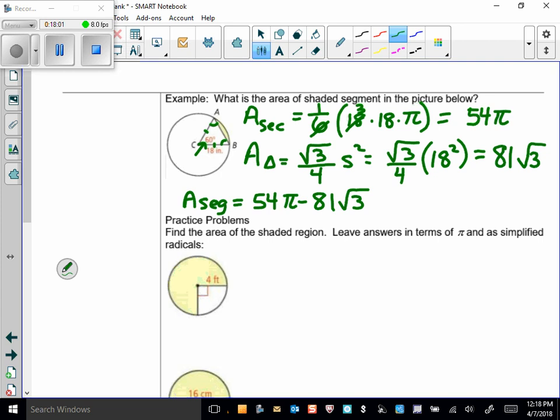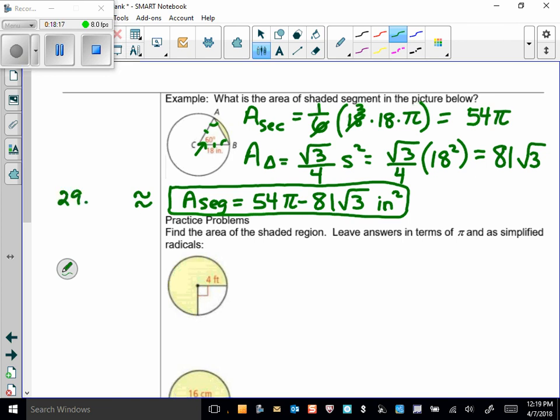And what do we got here? Square inches, that's the answer, because you know how much I like for you to leave things in terms of pi and simplified radicals. If you wanted to kind of get a feel for what that is and you punch it into your calculator, you'll find that that is about 29.35 square inches.